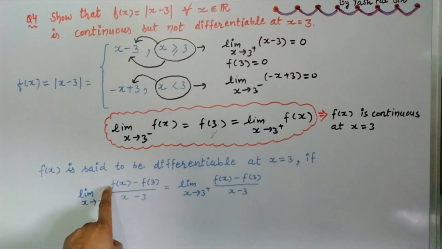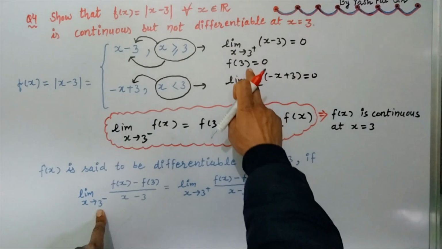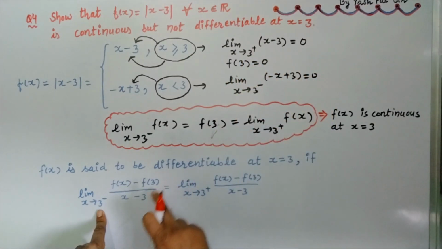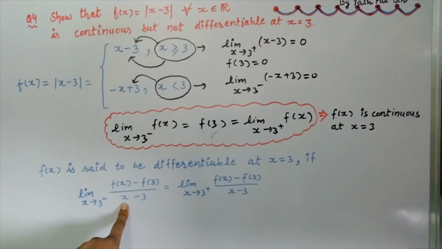Now if we directly put the left-handed limit at x equal to 3, this is 0, f of 3 is also 0, 3 minus 3 is 0, so it becomes a 0 upon 0 indeterminate form. It means direct substitution is not allowed.